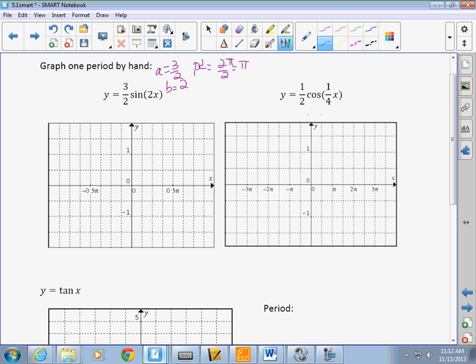My key points then, you take whatever your new period is and divide it by 4. So every pi over 4 is where I'm going to do those key points. Because the key points is what we do. Every quarter we have a key point.